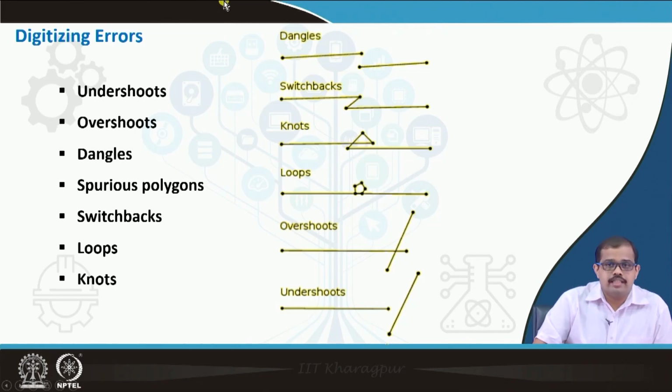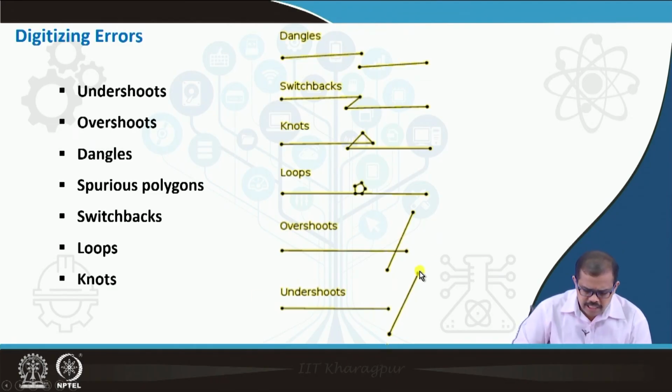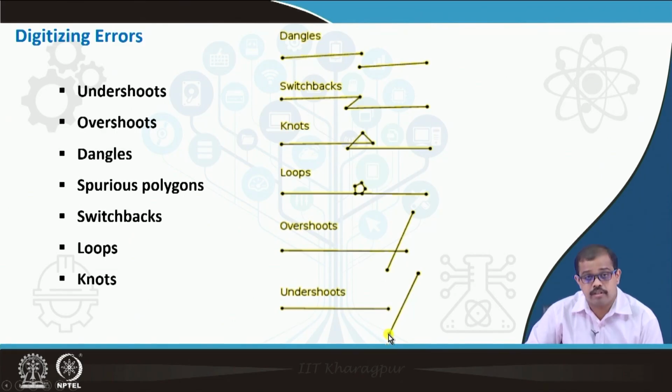When you look at digitization errors, this I have already shown you before. The first error that you see is undershoot, which you can see here. There is one line segment here, and there is the other line segment here. But for it to be exactly correct, this line segment has to fit into this particular segment, or if it is a road that is crossing something like this, it has to fit in here, but it is undershooting by this amount.